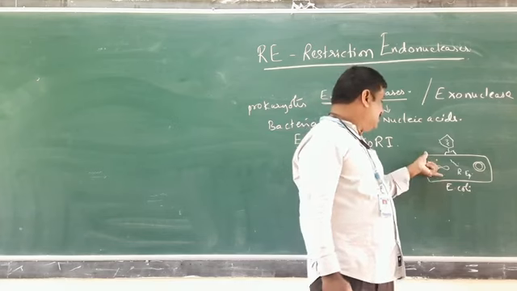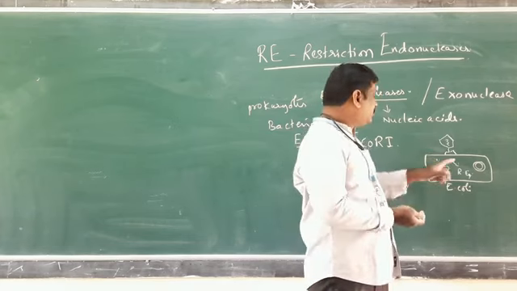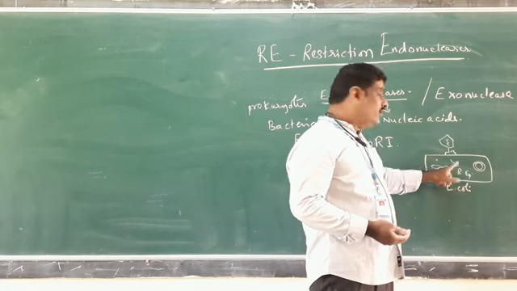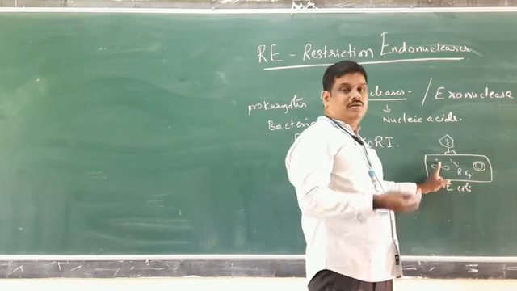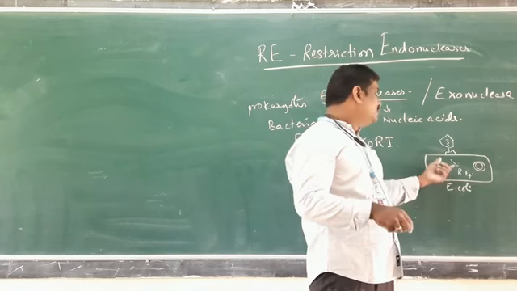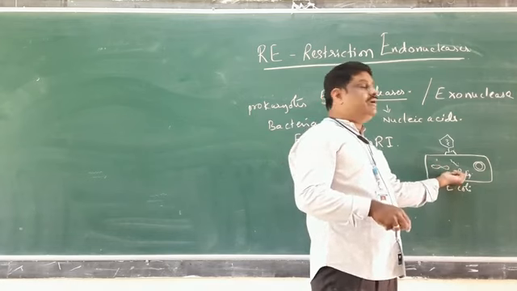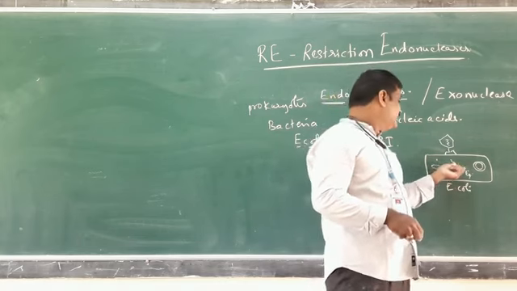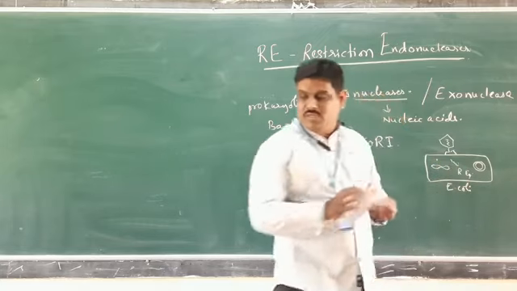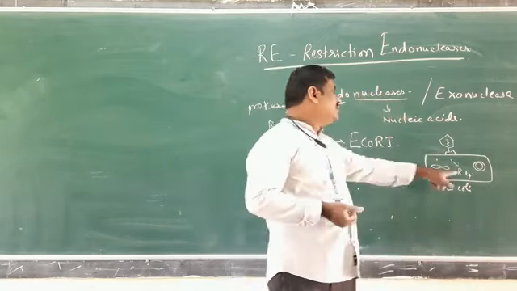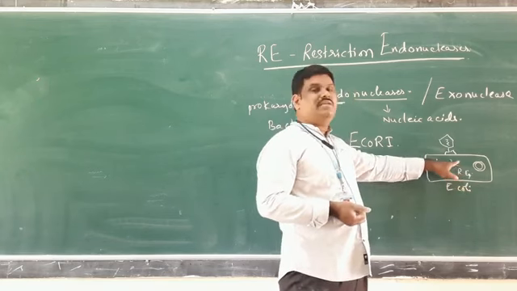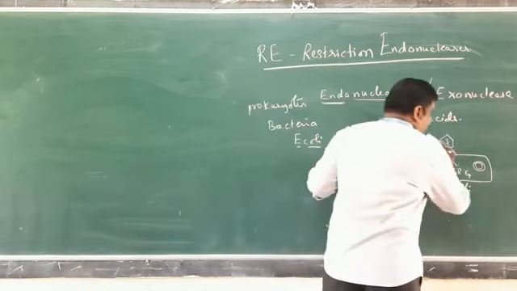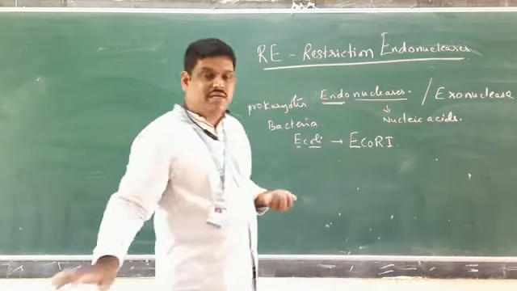The bacterium is the host; it restricts the entry of new DNA and modifies its own DNA by methylation, so that cleavage happens for foreign DNA, not for its own DNA. So we can say these restriction endonucleases cut DNA specifically. Then how we use this property in our recombinant DNA technology, we will see now.